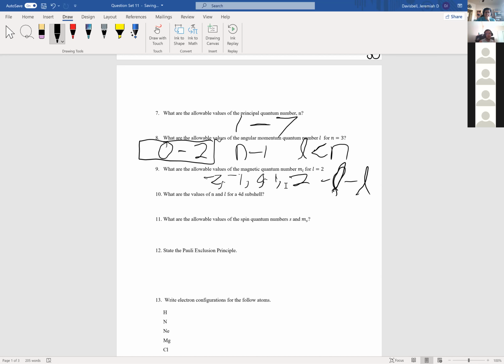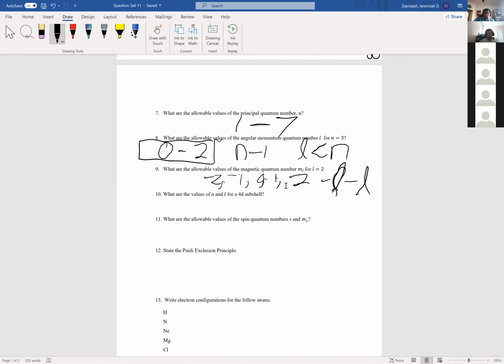And since we're using whole numbers, that's why the highest it can be is N minus 1. Okay, thank you. Of course, you will only have a single number for each of these if you're doing it based off of an element. But since it's asking for allowable values, we have ranges now.